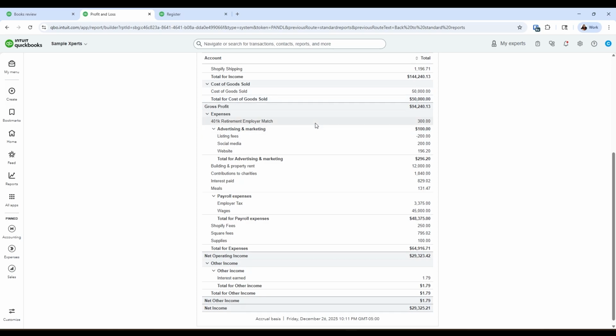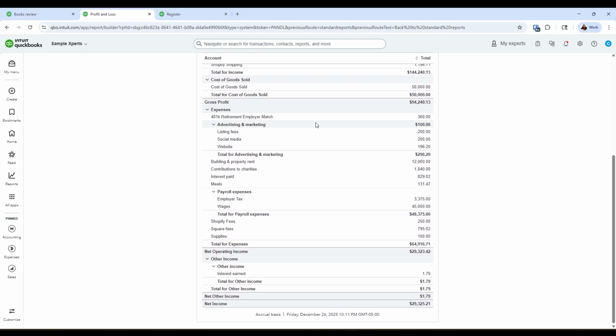All right, so take a look at all the expenses and see if they are correct, because remember, a lot of times you may be duplicating expenses if it's not reconciled correctly. So you want to make sure you take a look at that, or if transactions have not been matched. That is very important.